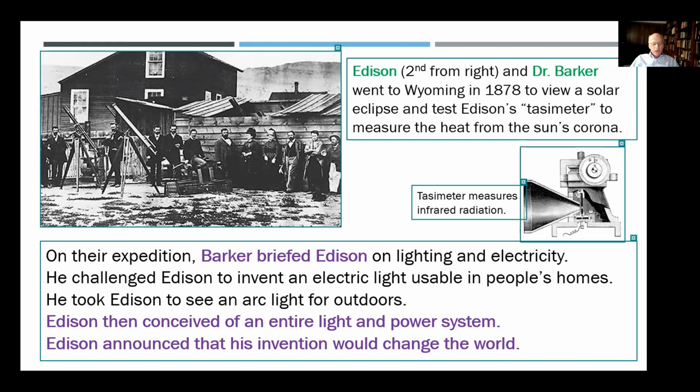And he said, why don't you invent a way of having a light that could be divided into small units that people could use in their houses and in other locations. And this set Edison on fire mentally, and he went quickly to devising an entire system.